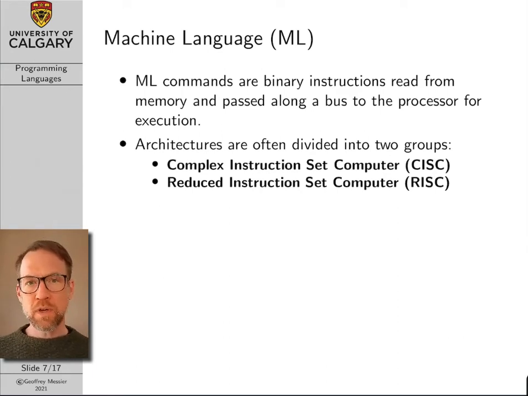So when we talk about machine language, machine language commands are the binary instructions read from memory and dumped directly to the processor for execution. And so these are very, very low level commands.